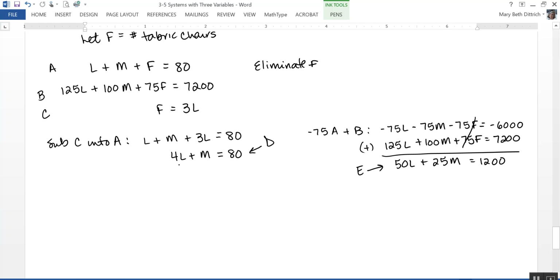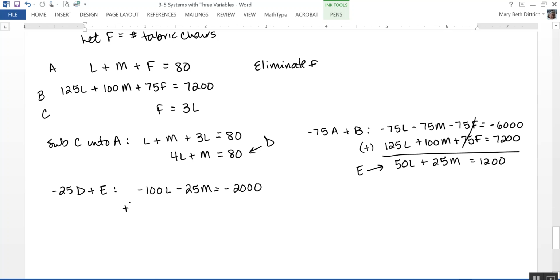So now I have an equation with an L and an M, and another equation with an L and an M. And I think what I'm going to do next is I'm going to eliminate my M's. So I'm going to do negative 25 times this equation, and that'll take care of that. So negative 25 times equation D plus equation E. So multiplying this by a negative 25 gives me a negative 100L minus 25M equals negative 2,000.